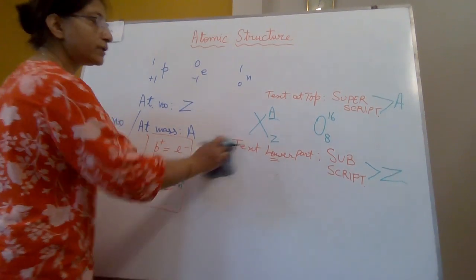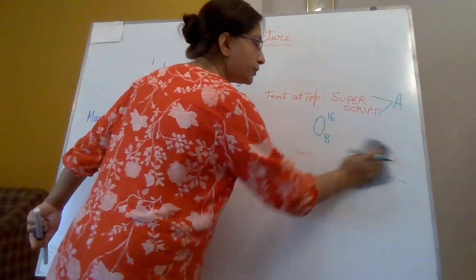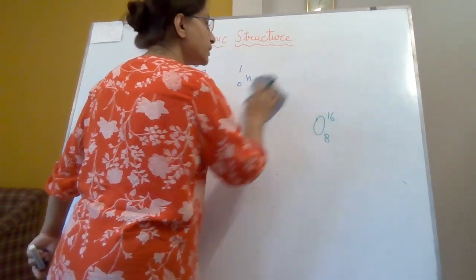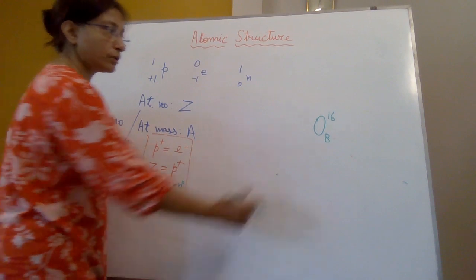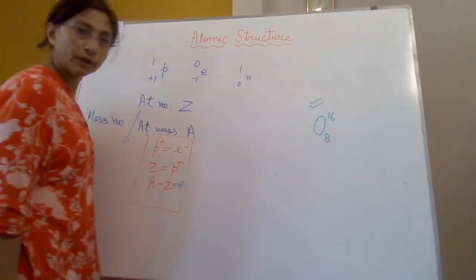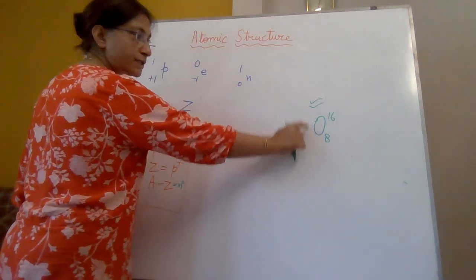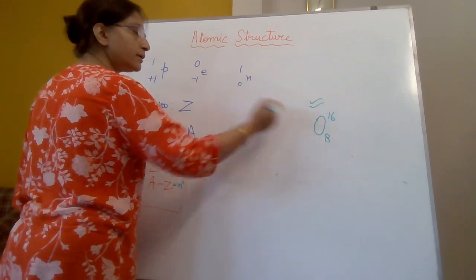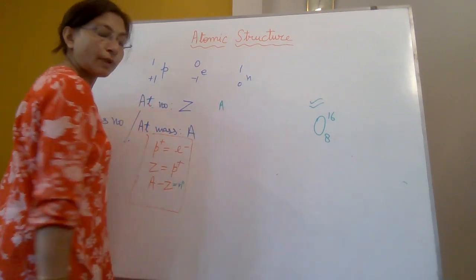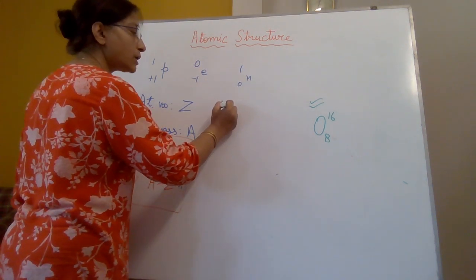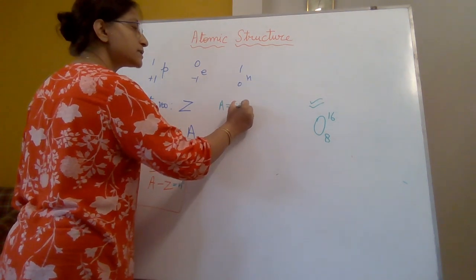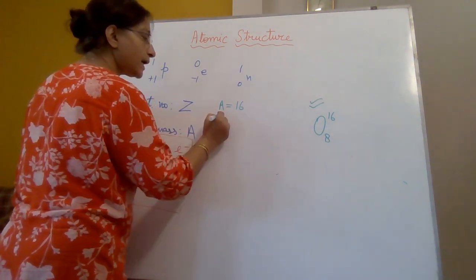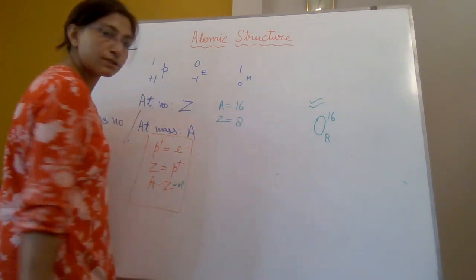Let us calculate the different subatomic particles of oxygen using this information. By just having a look at this formula, we know that the mass number is 16. It is given. And mass number is 16 and atomic number is 8.